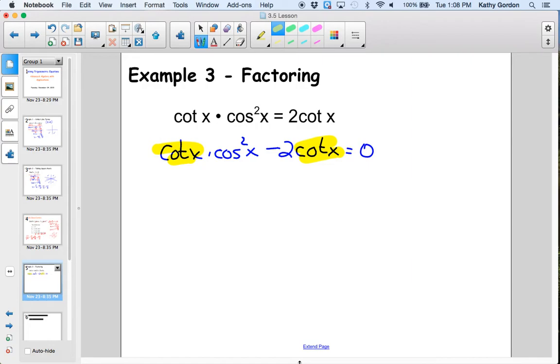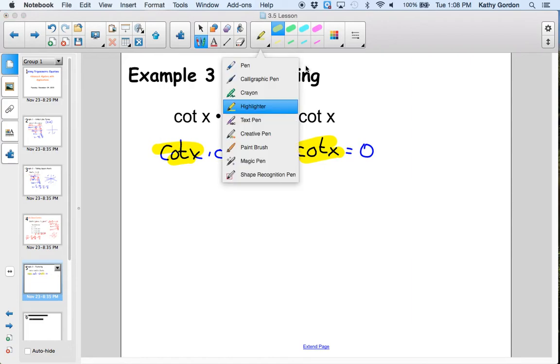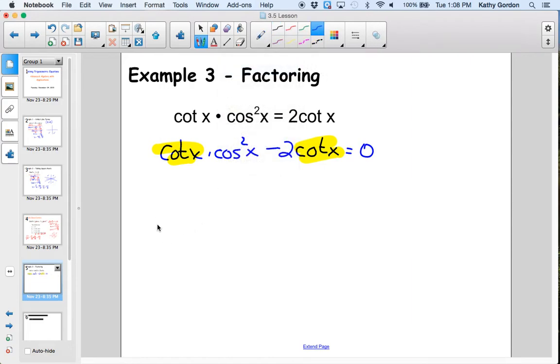Because it's now the common factor in both of my terms. Okay? So if I factor that out, then what's left?